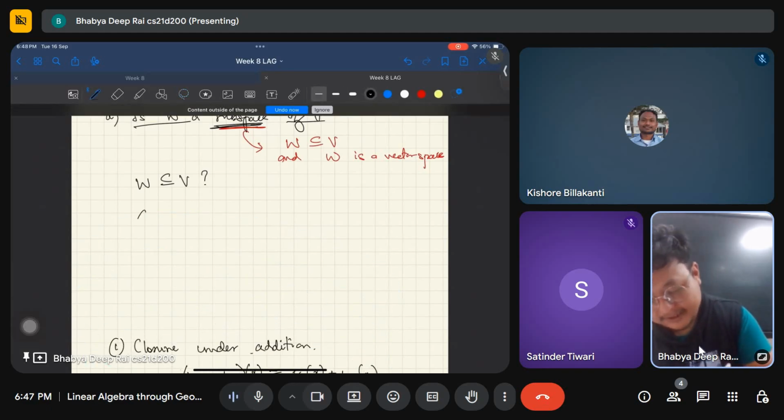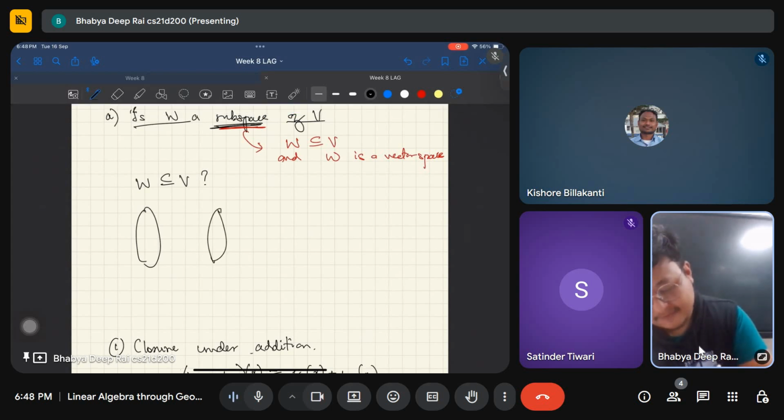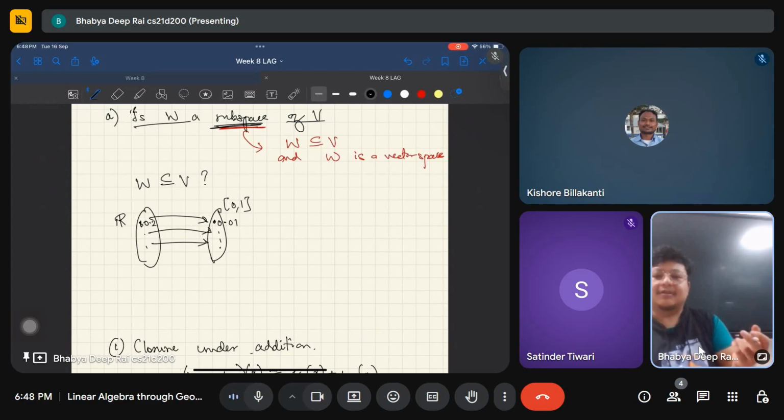V is a set of functions of this form: it takes a real number and maps it to somewhere between 0 and 1. Let's say it took 10.2 and mapped it to, say, 0.01, and it keeps doing this. The set of all such functions is V.